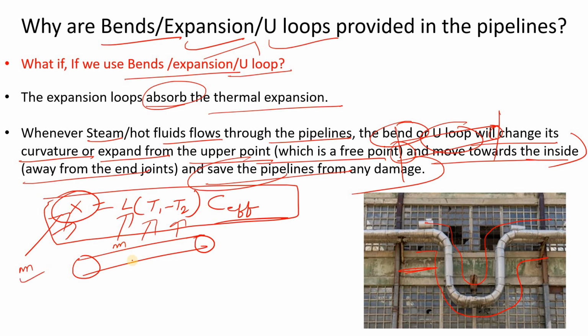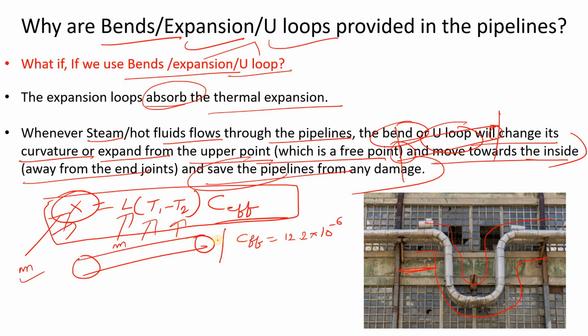Now if you want to see one example, in the case of carbon steel, I told you that the coefficient of thermal expansion is around 12.2 into 10 to the power minus 6.